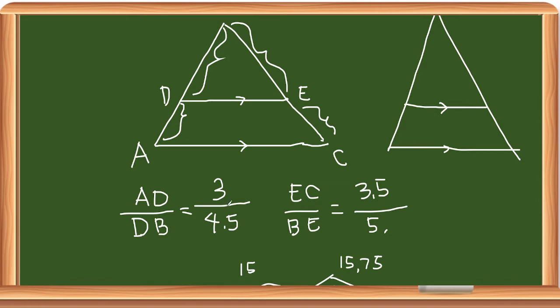Okay, how about the DB? From points D to B. Mula dito hanggang dito sa B. 4.5 po. 4.5 pa rin, walang lagpas. Okay, easy. This one. Baka may hindi siya saktong 3.5.